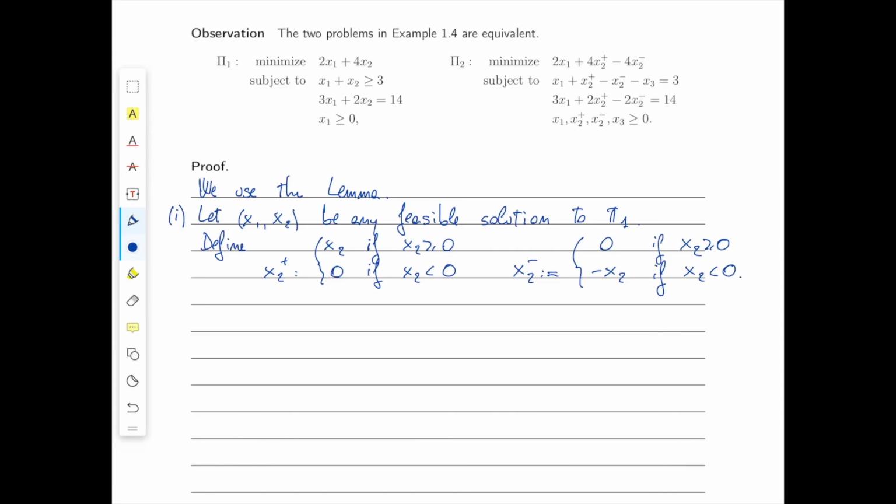Finally, we also have to define x3, that is the missing variable in pi2. So we also define x3 as the surplus variable of the first inequality of pi1. So that's exactly x1 plus x2 minus 3. With this definition, we should note immediately that x2 plus minus x2 minus is equal to x2 as we wanted in the first place.